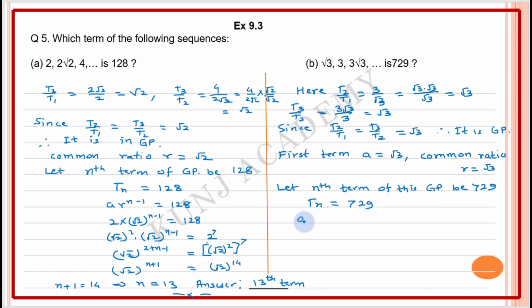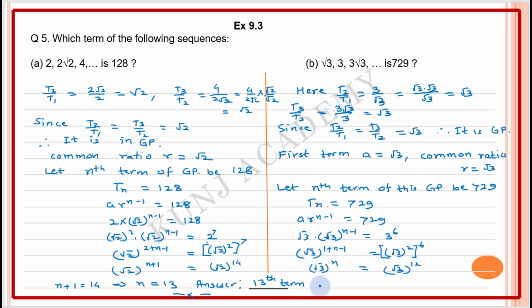Tn means a r power n minus 1 is equal to 729. a is root 3, r is also root 3, so root 3 power 1 plus n minus 1 is equal to 729, which can be written as 3 power 6. 3 can be written as root 3 square, whole raised to the power 6, so root 3 power n is equal to root 3 power 2 sixes are 12.